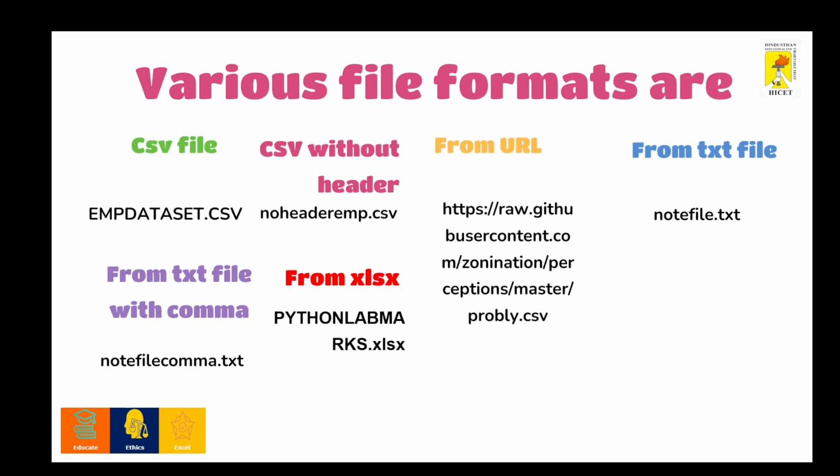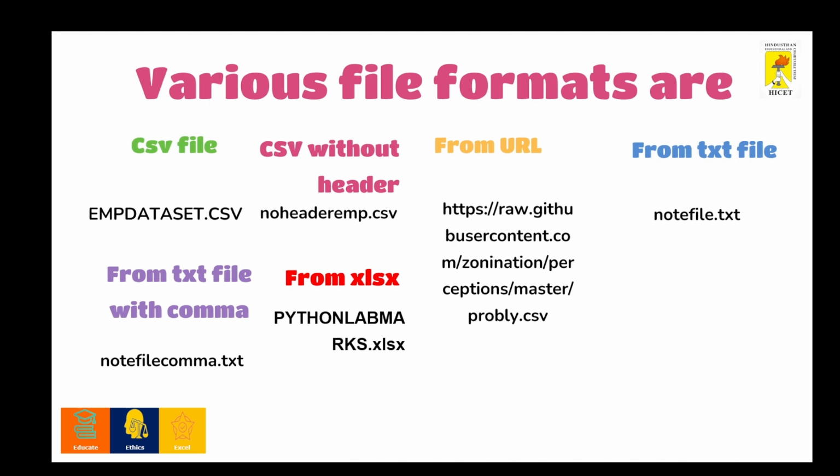Now to start with, these are the various file formats which will be shown in the implementation procedure. The very first step is to upload a comma separated file. The second example is uploading a comma separated file which does not contain header information. The next method is uploading from a URL on the internet. The fourth step is uploading a text file or a notepad file into the Pandas data frame.